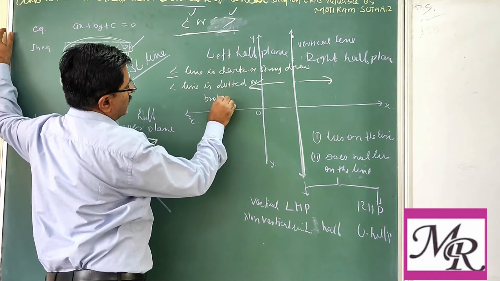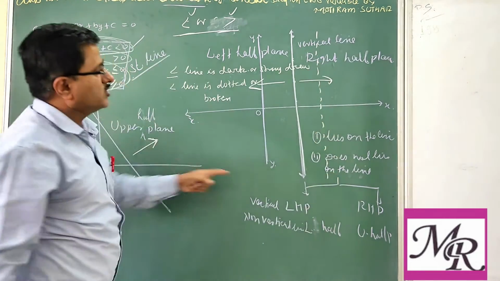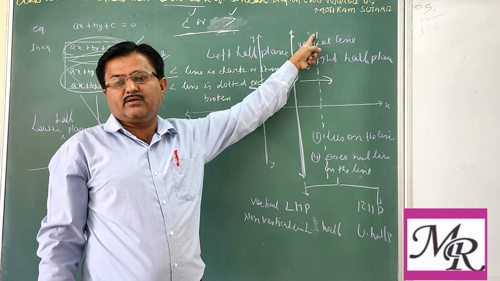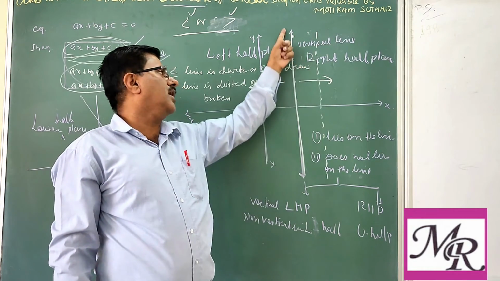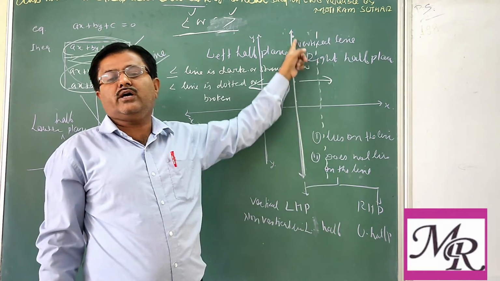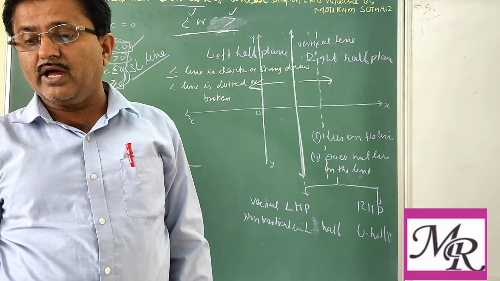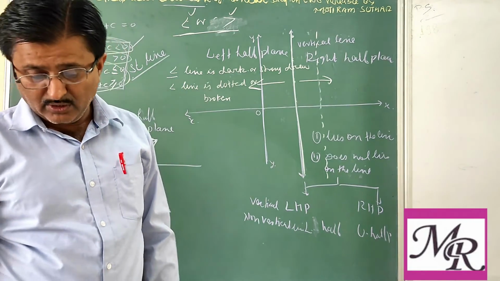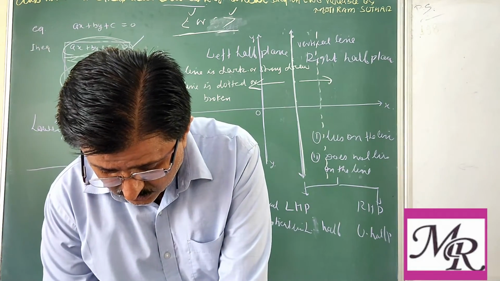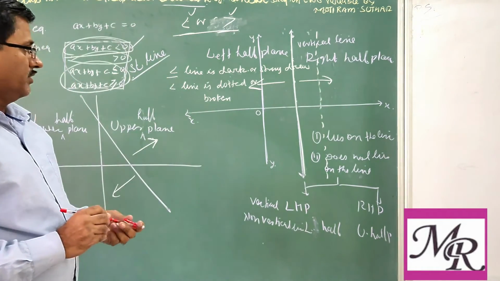This represents the graph of the inequality in which there is no equal to sign. This is the graph of the inequality in which the equal to sign is also there, along with less than or greater than. Clear? So we have to find the solution and graph of this type of inequality.